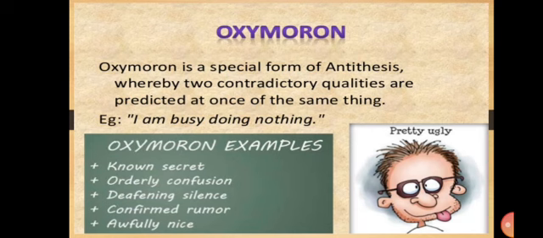A very similar kind of poetic device is also there, that is oxymoron. But oxymoron consists of two words only. Both the words are actually antonyms, but the first word is used as an adjective to the other. For example, if you remember the third poem of your class 10th book, right? Tiger in the Cage.